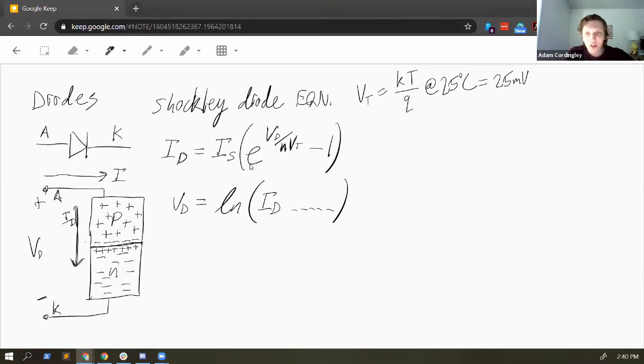At very small current, the forward voltage across the diode is small, right? If this were current and this were voltage, you can expect some relationship kind of like this, where this is, with silicon diodes, about 0.7 volts.